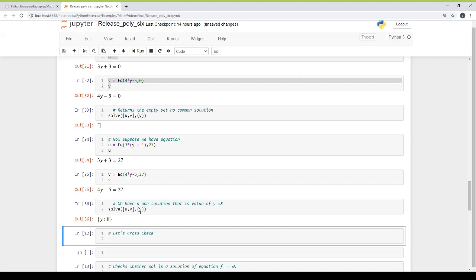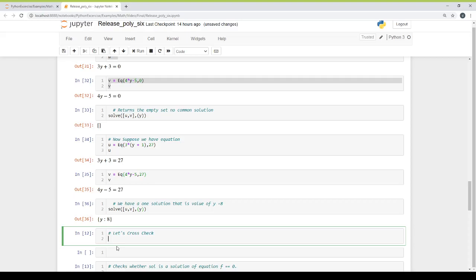If we put the value of 8 in both the equations, for example in the first equation u, 8 into 3 is 24 plus 3, 27. 8 into 4 is 32 minus 5 is equal to 27. So this is our solution. Let's check it using the Sympy package.